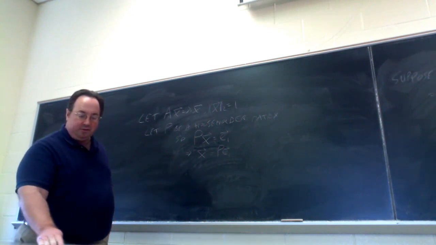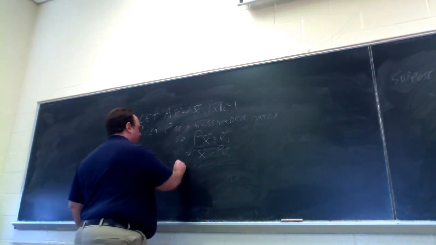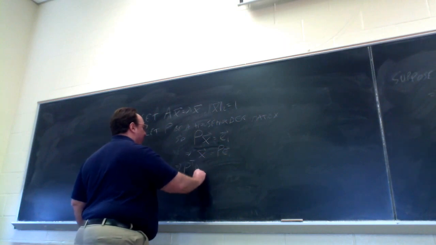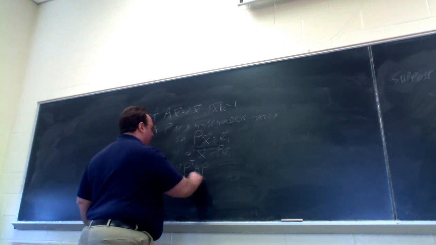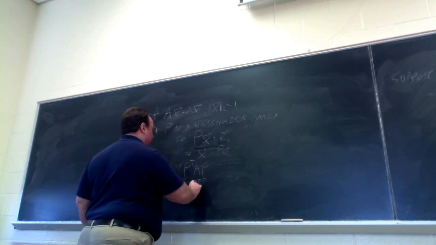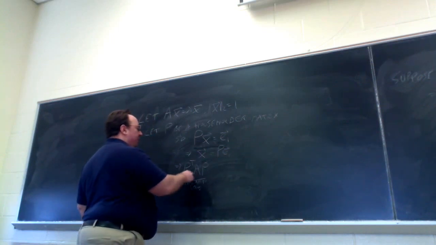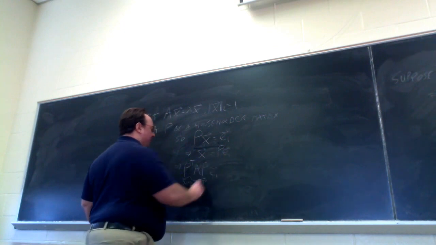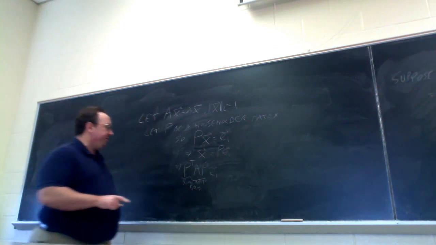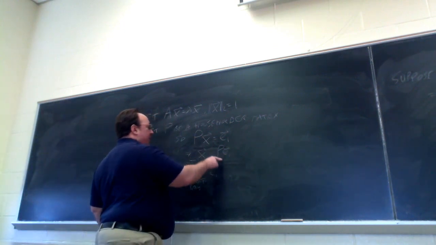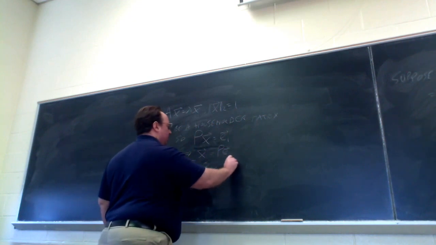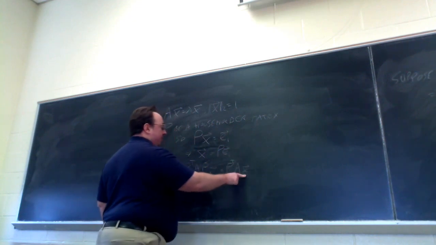So now what I can do is look at P transpose AP, so this is a similarity transformation, but I only want to look at the first column. Well, P e1 is x. x is an eigenvector.